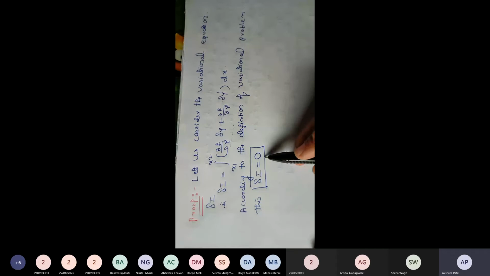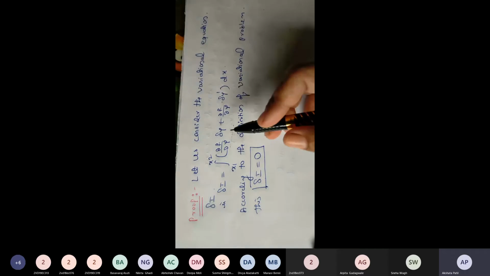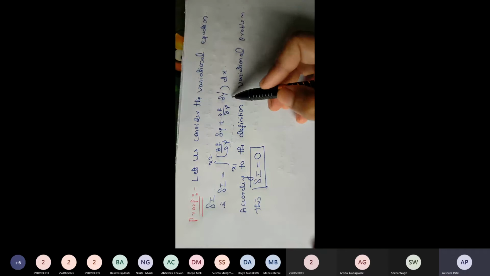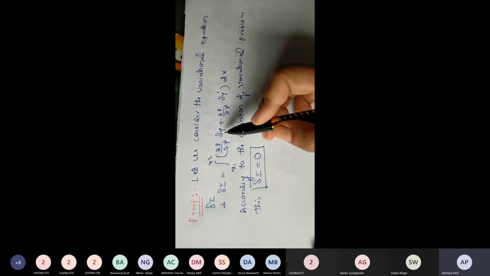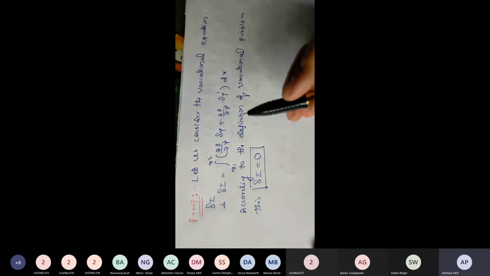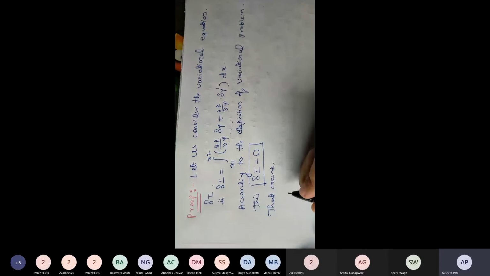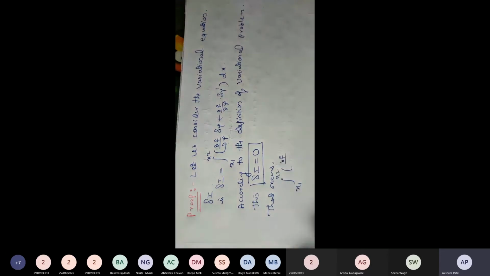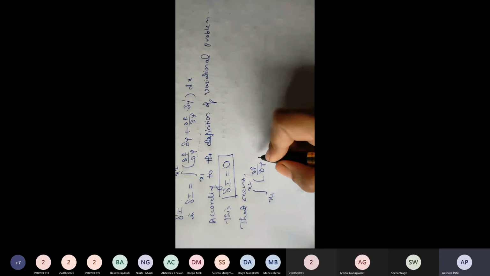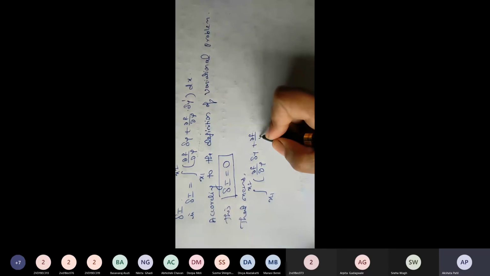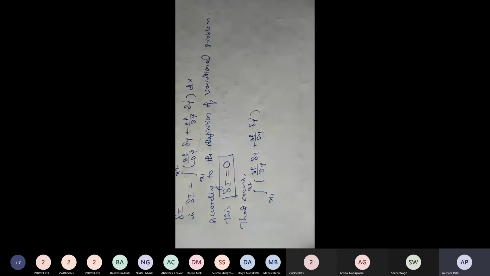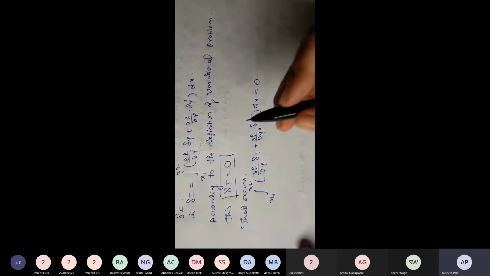Delta I becomes 0 means the above integral, the integral of dou f by dou y into delta y plus dou f by dou y dash into delta y dash, equals 0. So we can write that the integration over x1 to x2 of dou f by dou y into delta y plus dou f by dou y dash into delta y dash, dx, equals 0, because this integral equals 0 by the definition of variational problem.